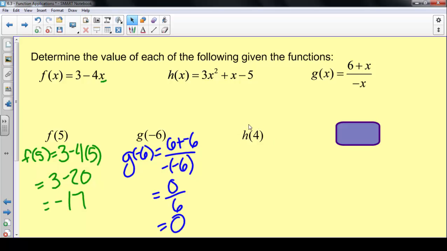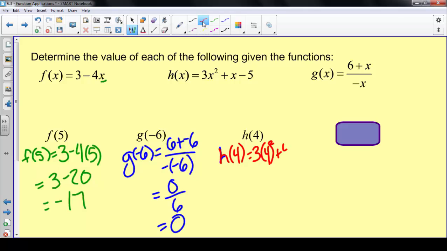We've got an h of 4, so we're going to use our function that's h. Following order of operations here.